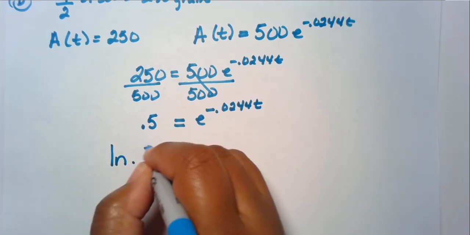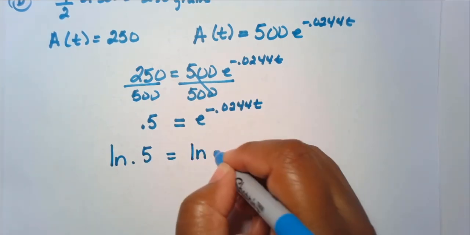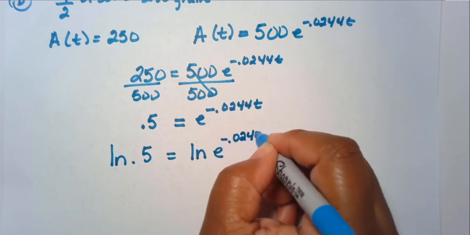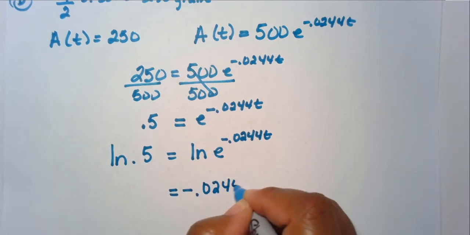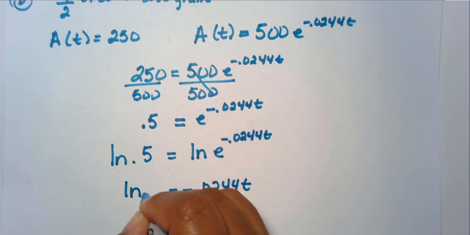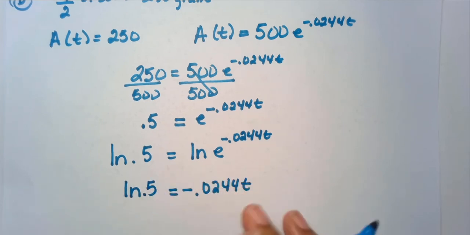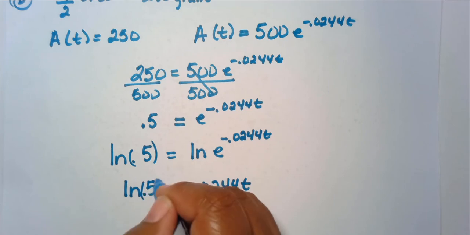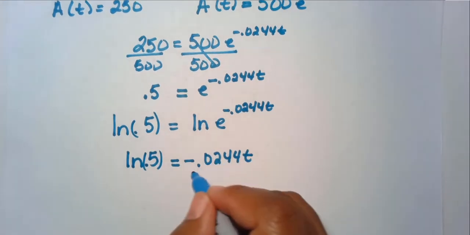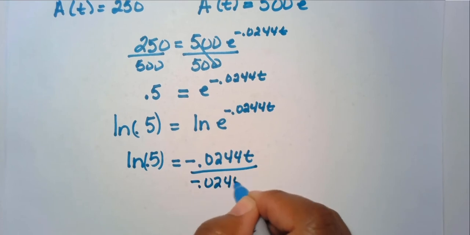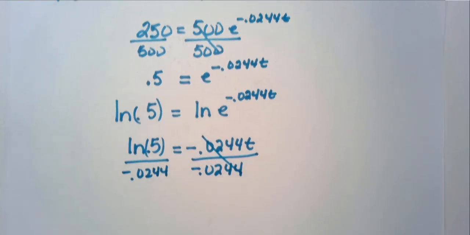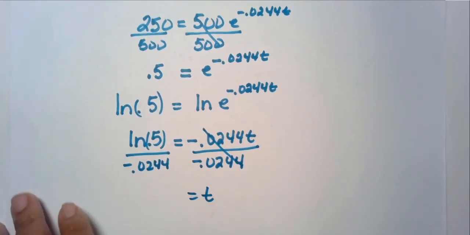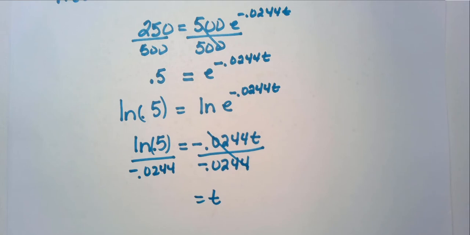Take the natural log of both sides. On the right hand side, we have negative 0.0244 t equals the ln of 0.5. Let's divide. And we have t is equal to, and we're going to round to the nearest tenth for this example as well.